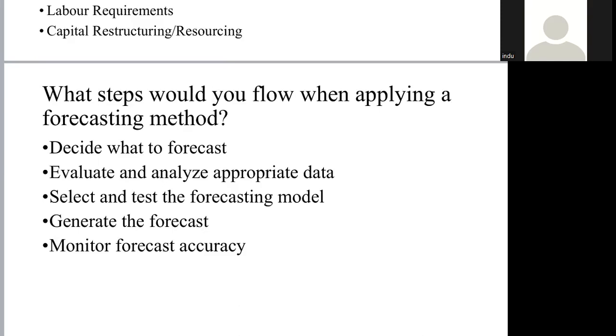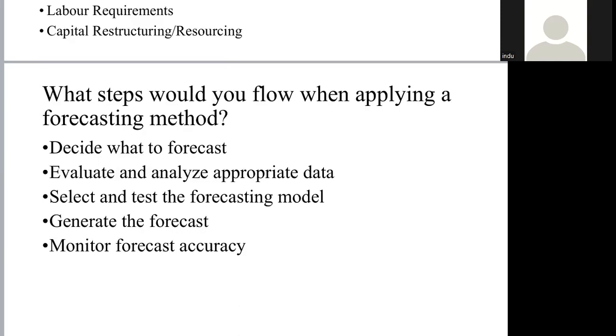Once the data have been evaluated, the next step is to select an appropriate forecasting model. As we will see, there are many models to choose from. Usually we consider factors like cost and ease of use in selecting a model.